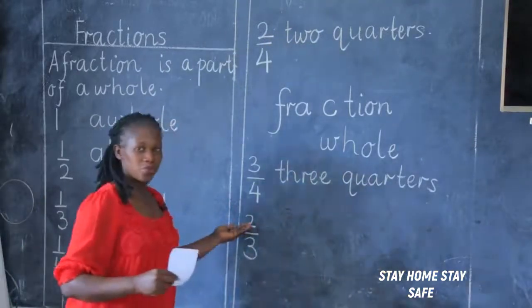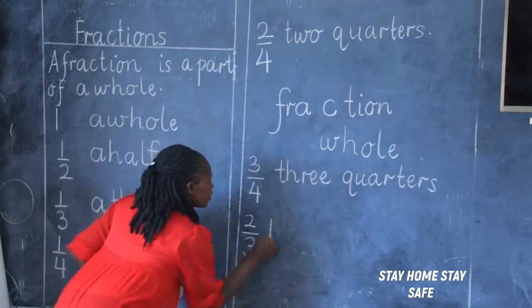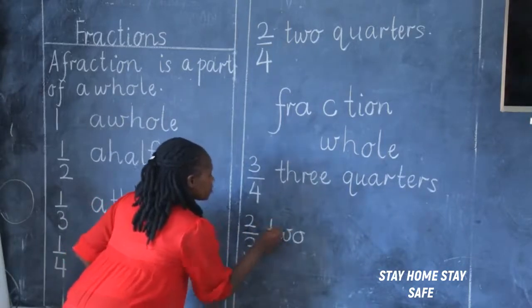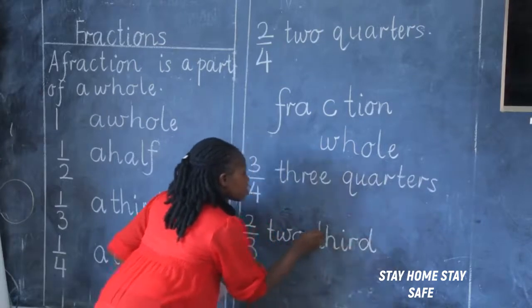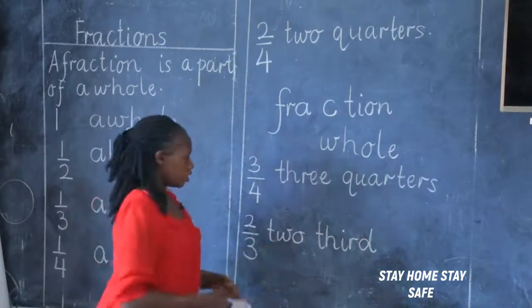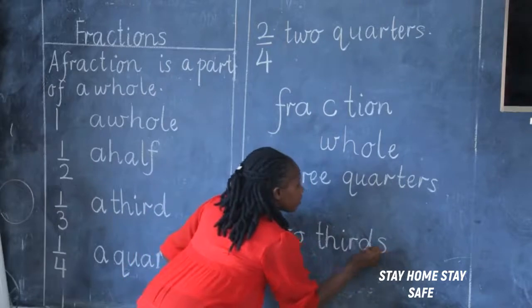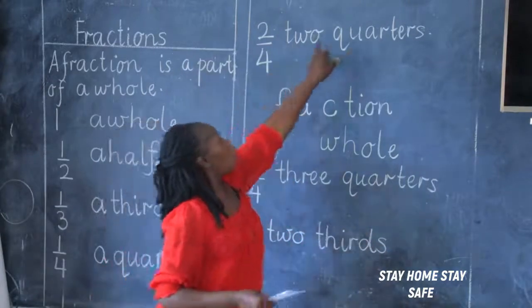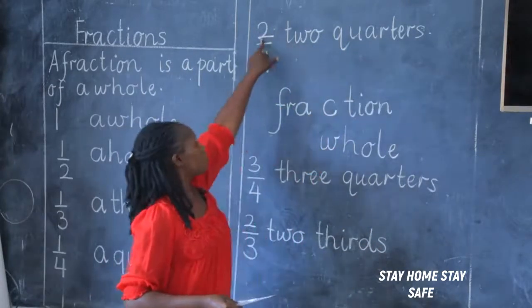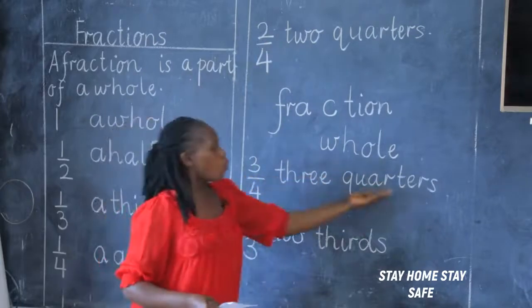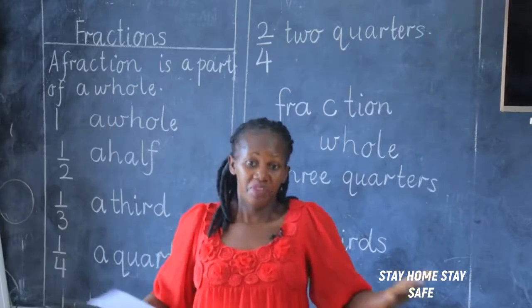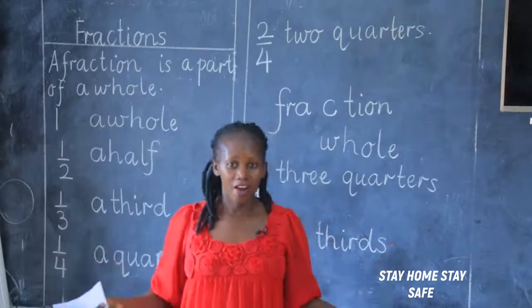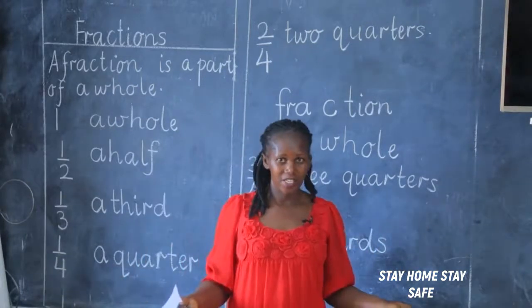When I give out 2, they become 2 thirds, because 2 is now in plural. 2 quarters because 2 is in plural. 3 quarters. But if it's 1, it's a quarter. You can even say 1 quarter, 1 half, 1 third, right?